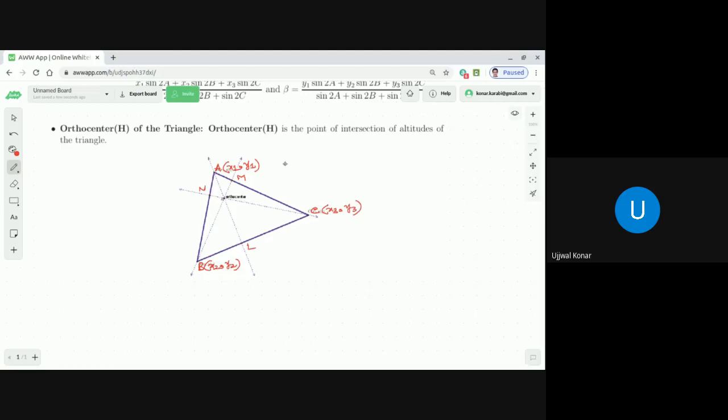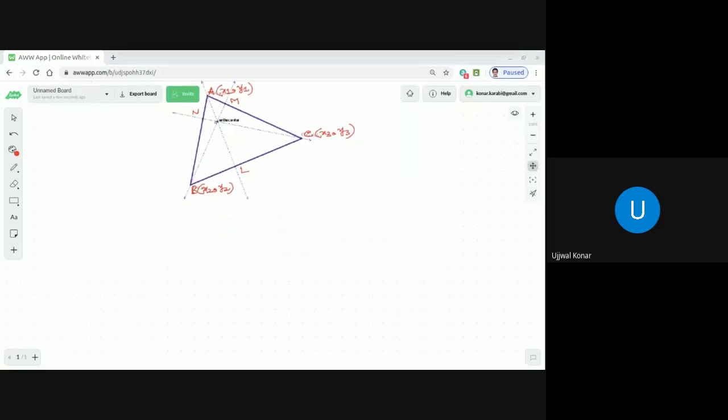Now, dear students, what is our task? Our task is to find the coordinates of the orthocenter of the triangle ABC. Here is the way we can find it.